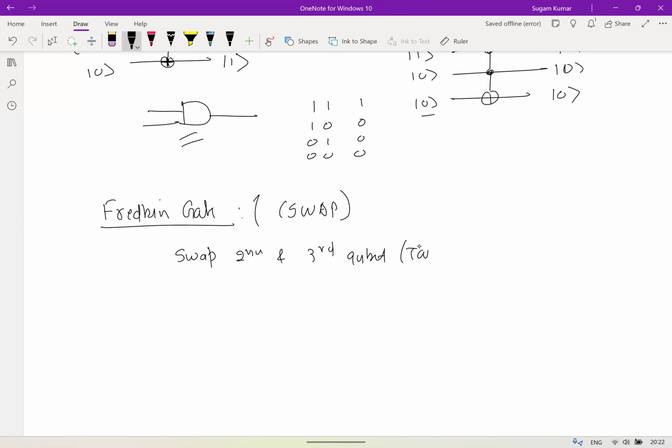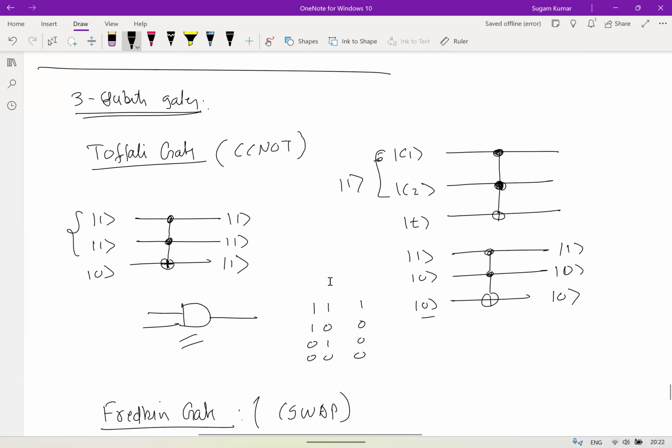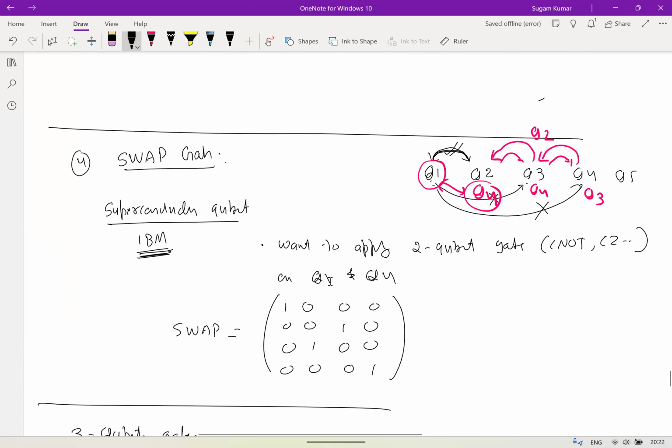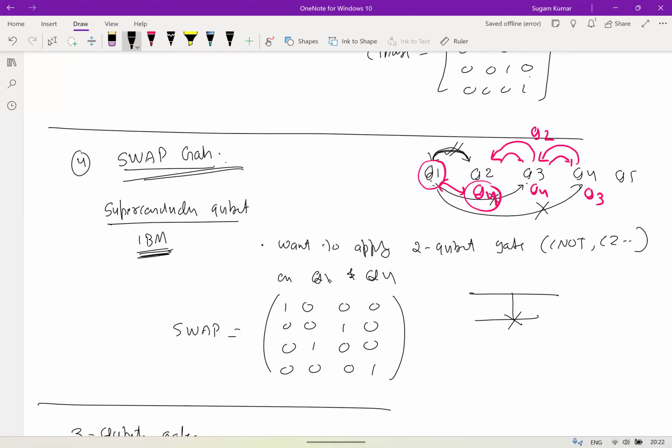They are the targets. So here you can see there is 1 control bit and 2 target bits, and this is the symbol we use. Let me remind myself: the swap gate symbol is this one, only 1 cross, and that is the first symbol for this one.